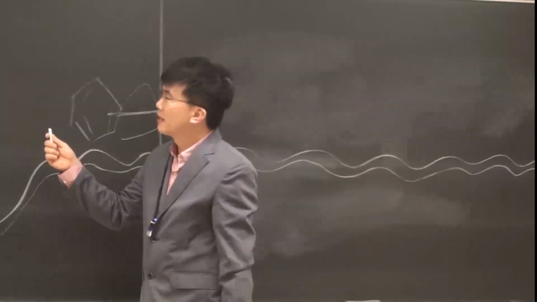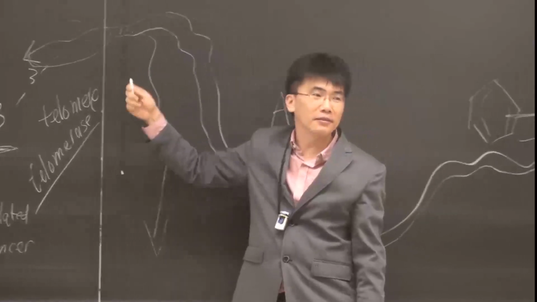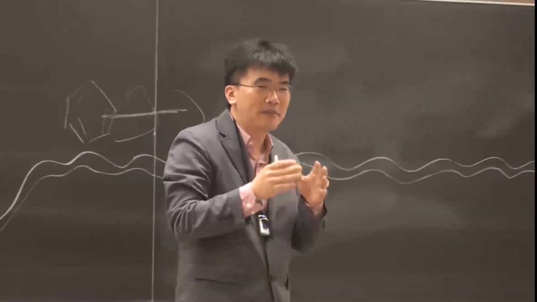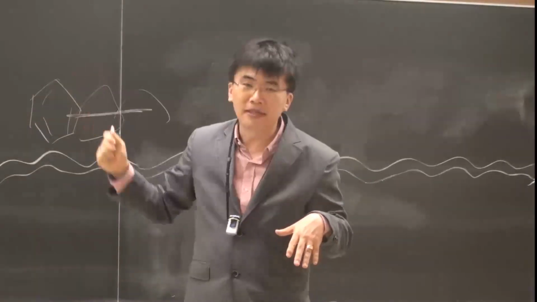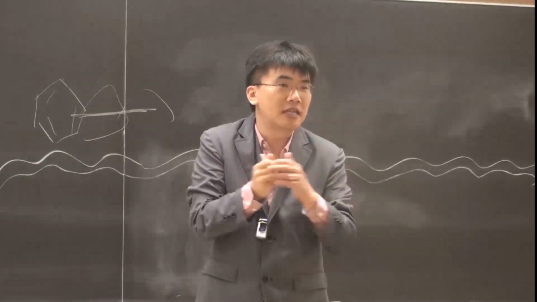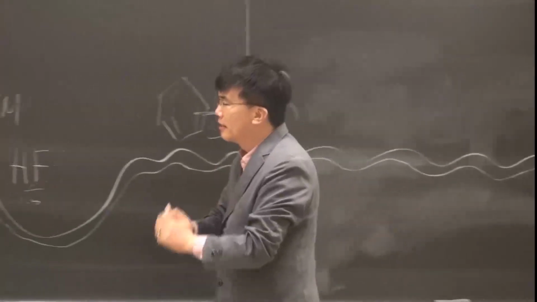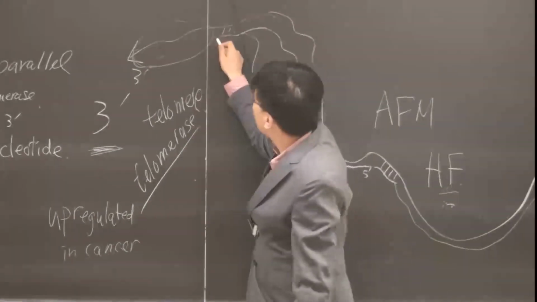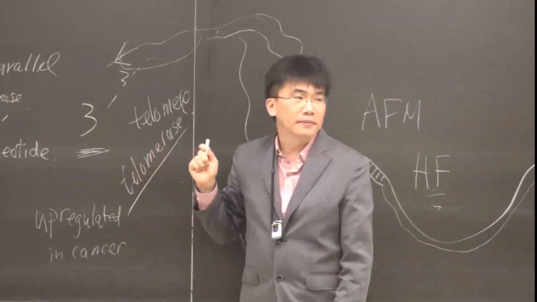And if the cancer cells keep losing the end of the DNA each cycle, then they will no longer be cancerous, right? They can divide a little bit, and then because of defects caused by the loss of DNA at the end, cancer cells will just stop dividing, and then it's not tumorous anymore, right? So cancer cells have to upregulate telomerase to actually extend the end of the DNA. Okay.